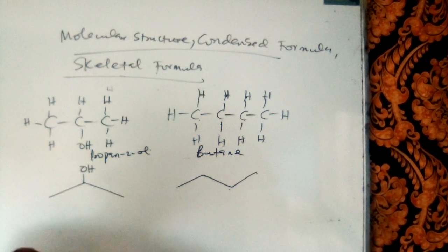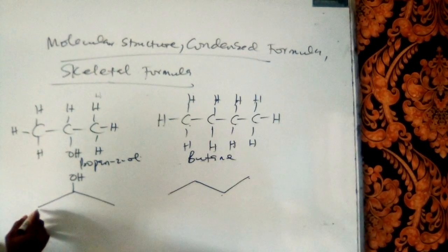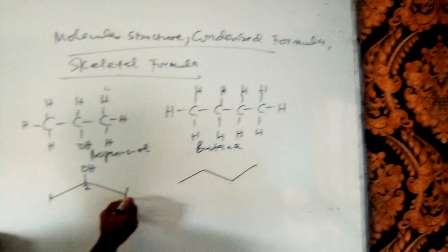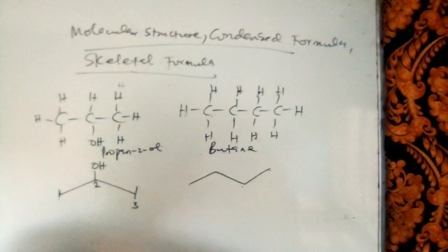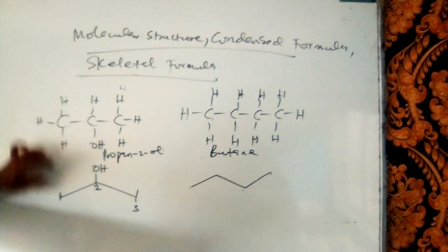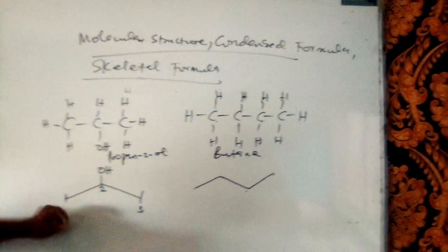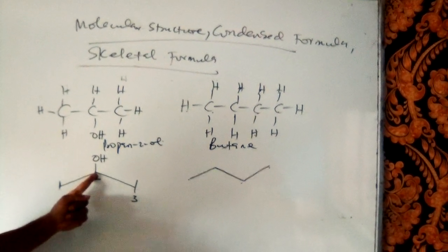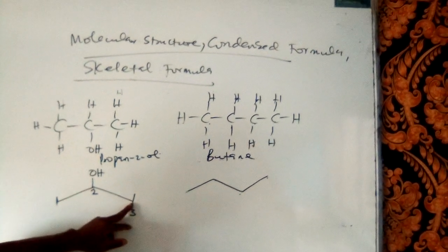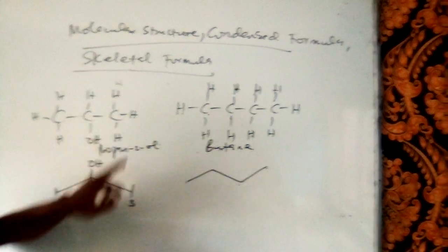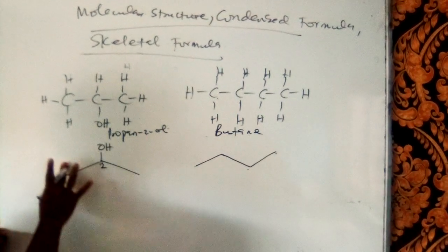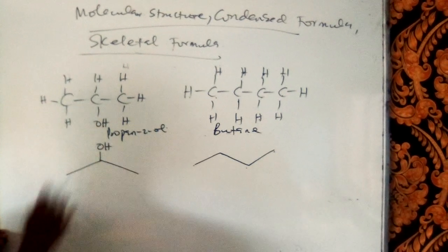You can see what this implies. At this point here there is carbon. At this point there is carbon. At this point those are under carbon. So look at it. This point represents the carbon that is here, that is bonded to 3 hydrogen. This is the single bond. There is carbon at this point of intersection with the carbon in the middle, bonded to hydroxy group. And there's another carbon at the extreme, bonded to 3 hydrogen. This line here represents the single bonds in the structure. So we call it the skeletal formula of propanol or propan-2-ol rather.